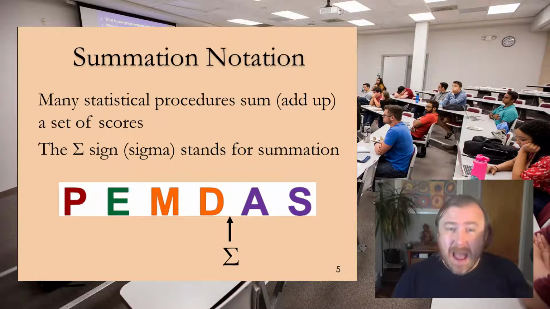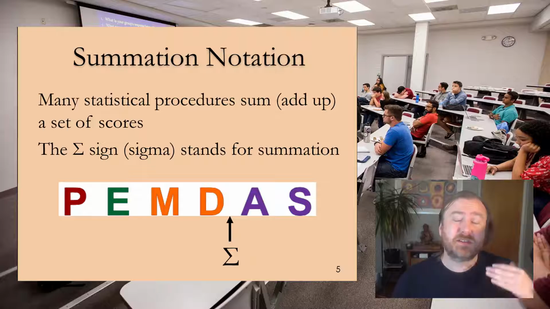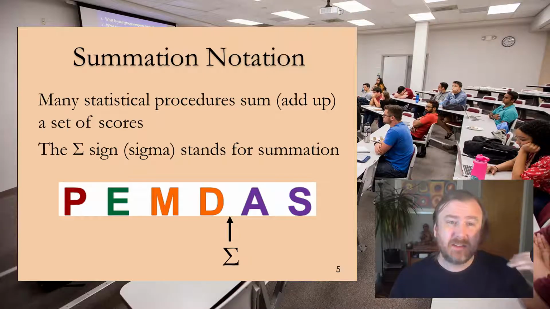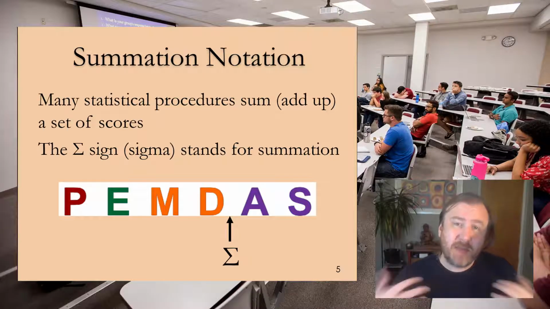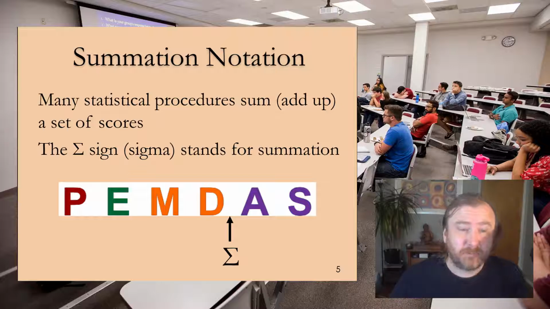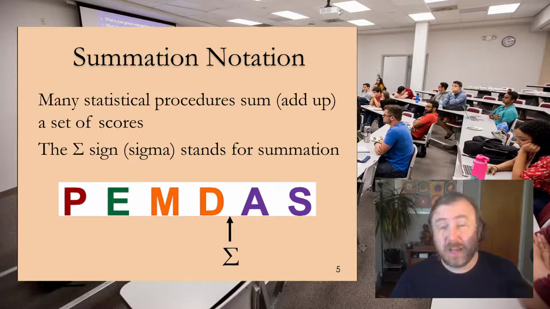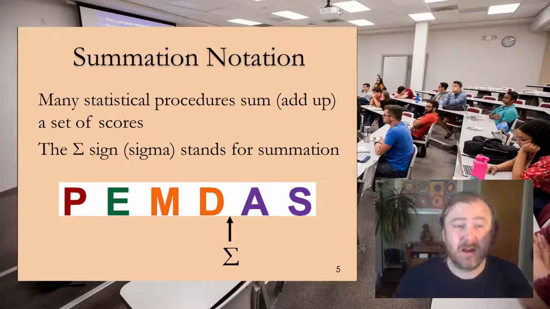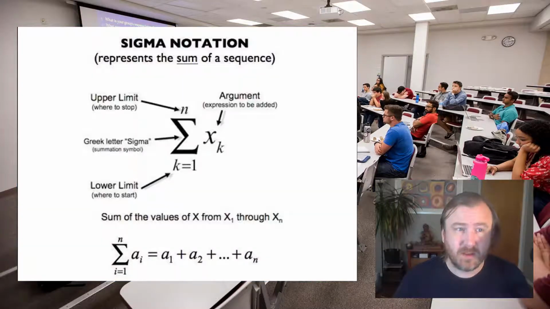When we're adding up a series of data, we use the sigma symbol. Sigma stands for summation. Sum it up. Summation is going to occur in between multiplication and division and addition and subtraction in the PEMDAS order of operations. So let's see what it looks like.